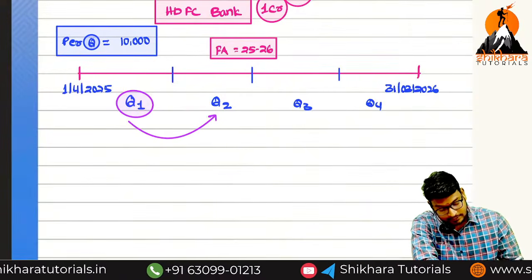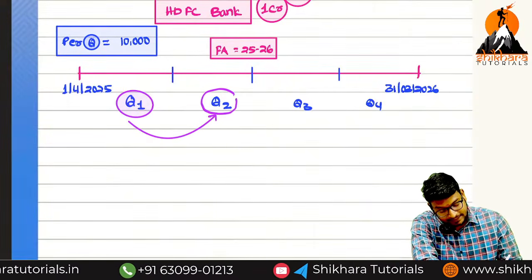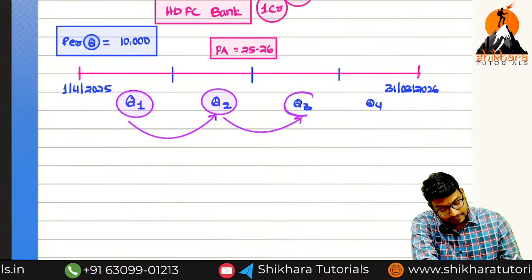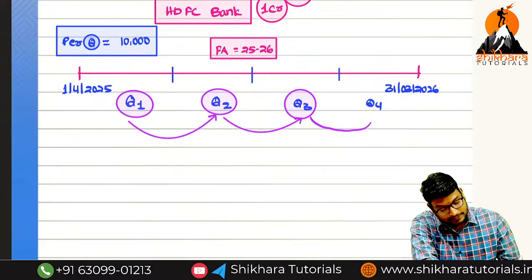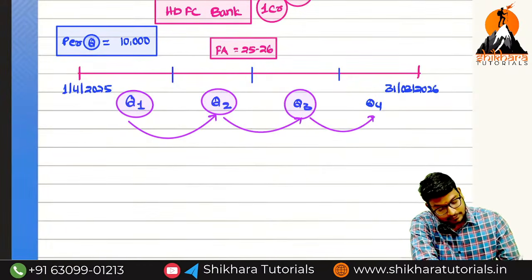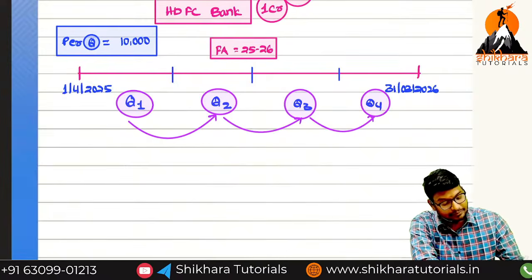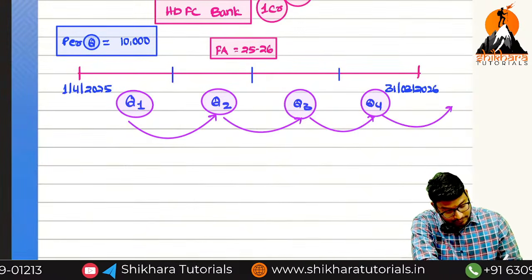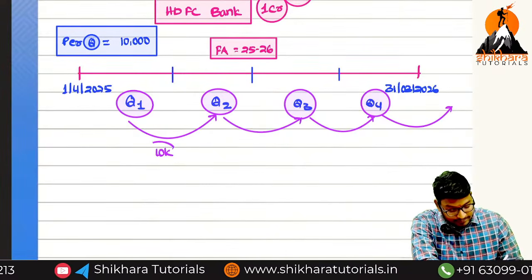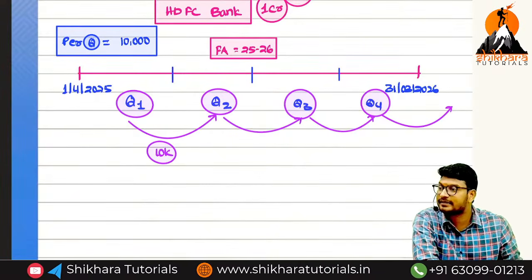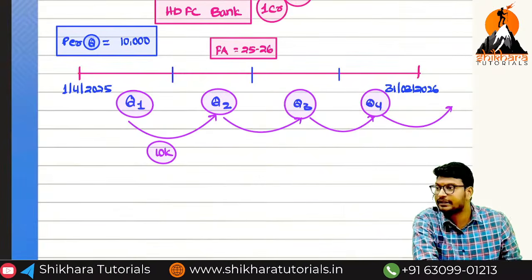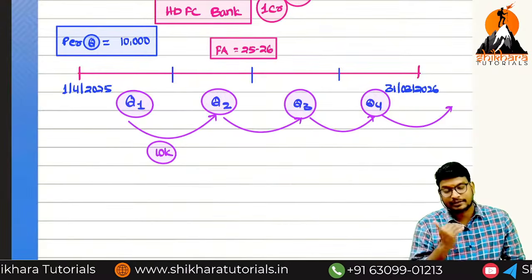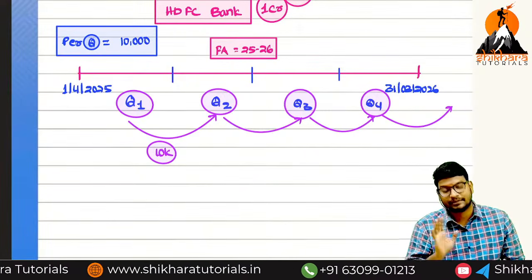Second quarter interest they will pay in the third quarter, third quarter interest in the fourth quarter, and fourth quarter interest they are going to pay in the next year. So the first quarter interest of 10,000 we have received during the current year only, in the second quarter, both within the same year.